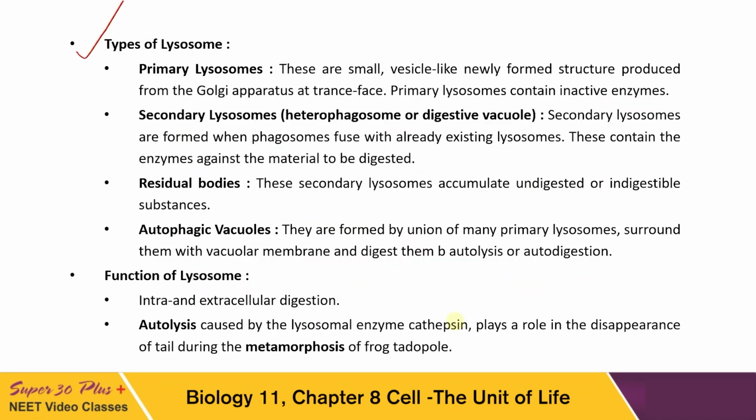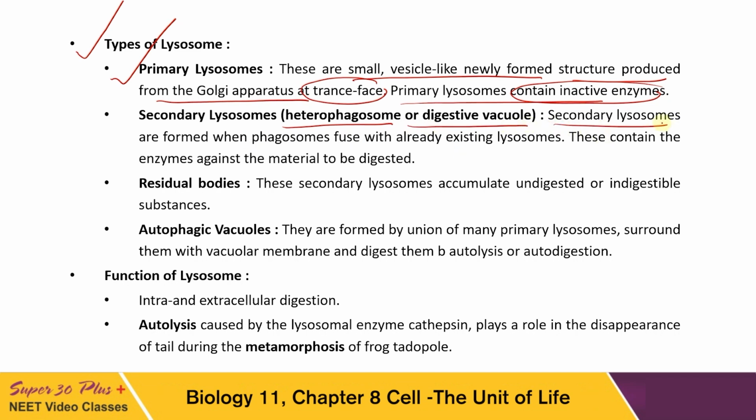Okay, now we can read it out. For the lysosome, there is no need to go into detail now. Primary lysosomes are small vesicles, newly formed structures produced from Golgi bodies at the trans face, and they contain inactive enzyme. The secondary lysosome is also called heterophagosome or digestive vacuole. How will it be formed? It is formed when a phagosome, that is food, fuses with an already existing lysosome.